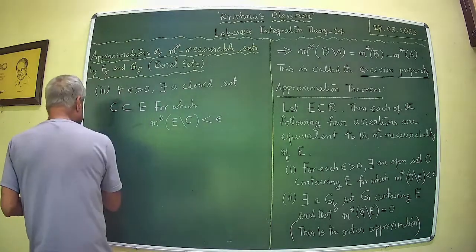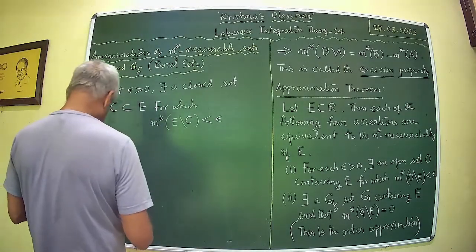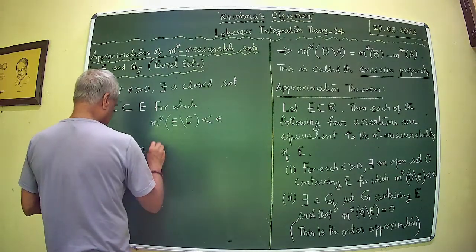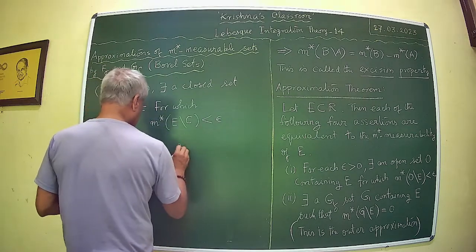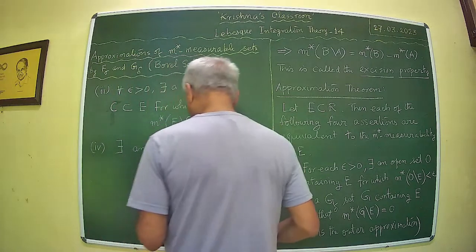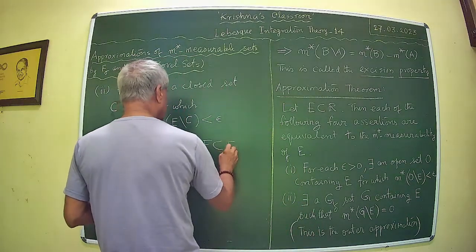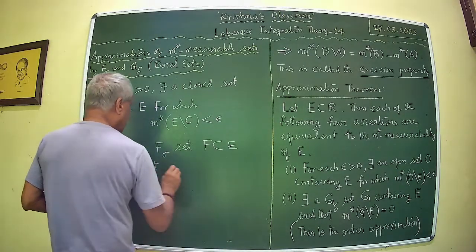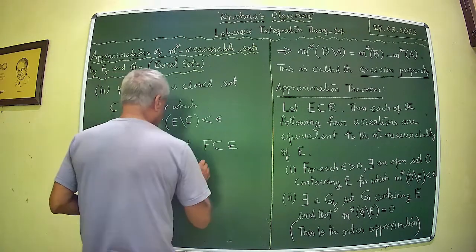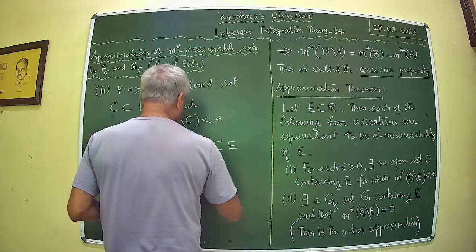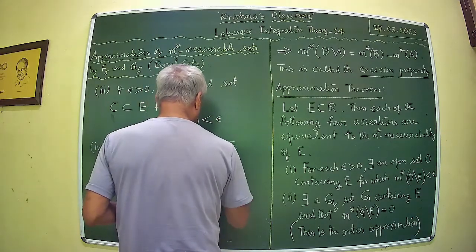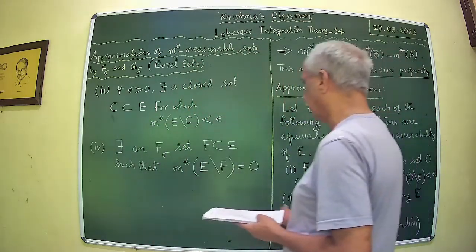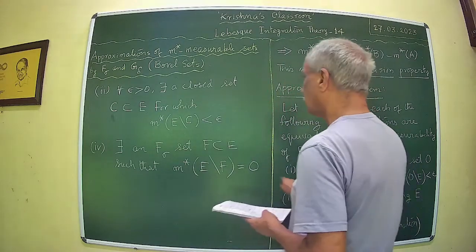The fourth statement is equivalent to 3, as we shall see. There exists an F sigma set F such that M star of E slash F equals 0.